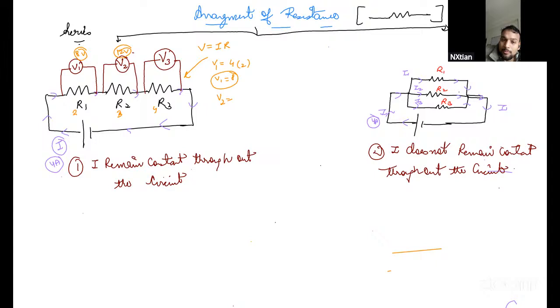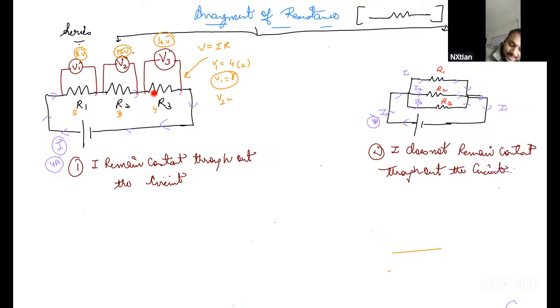Okay? 12 volt will be there. Now you tell me V3. 16. Yeah. So you can see that I am getting different voltages according to their different resistance. Understood?